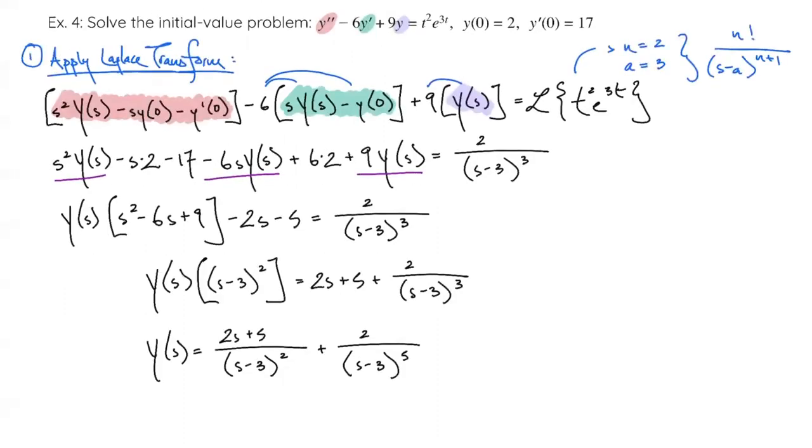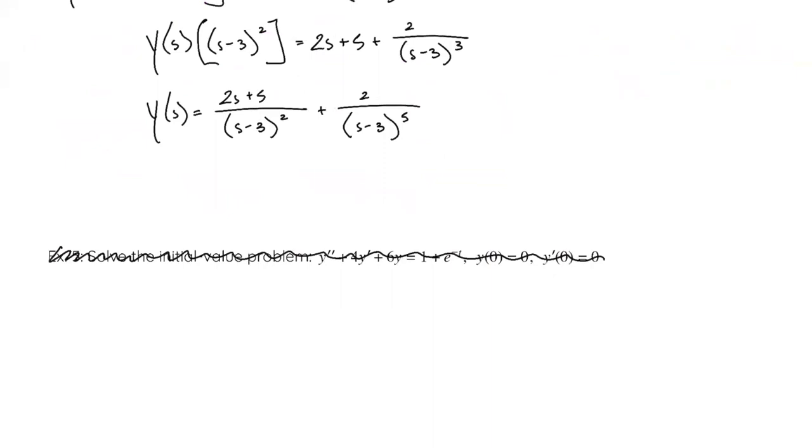All right, so we've applied the Laplace transforms and the initial conditions. Well, we now have to figure out how to undo this, right? How do we get back into the world of t? So let's put that part down here.